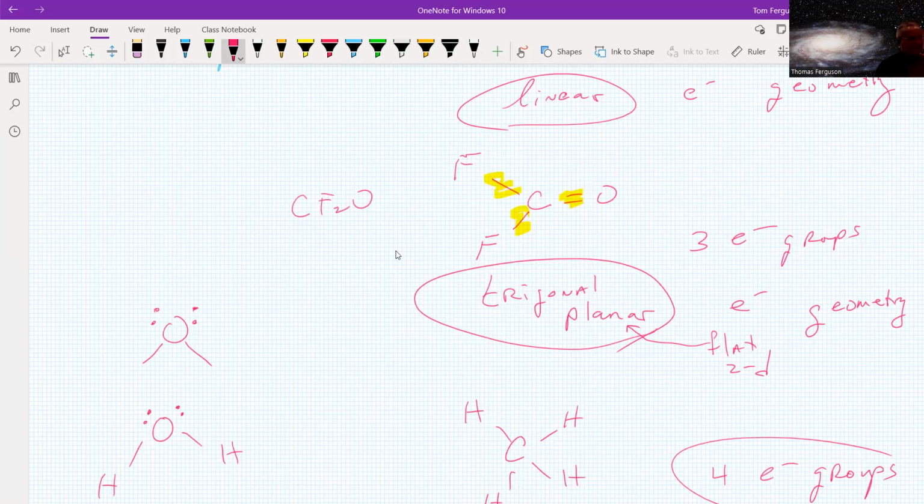However, if we have something like that, in this case, we have three electronic groups. That means the electronic geometry is trigonal planar, but we have two bonding, one non-bonding. That means the molecular geometry is bent.